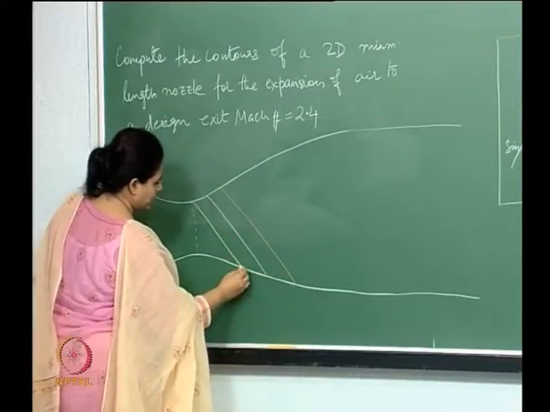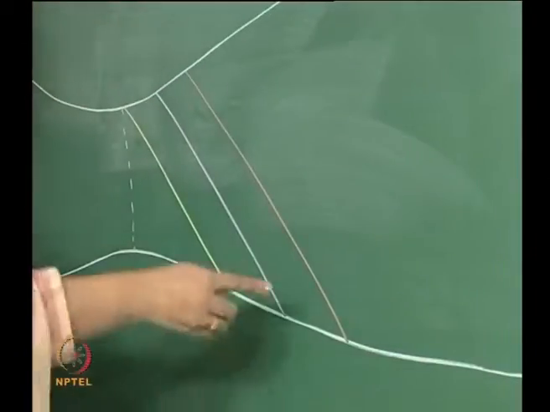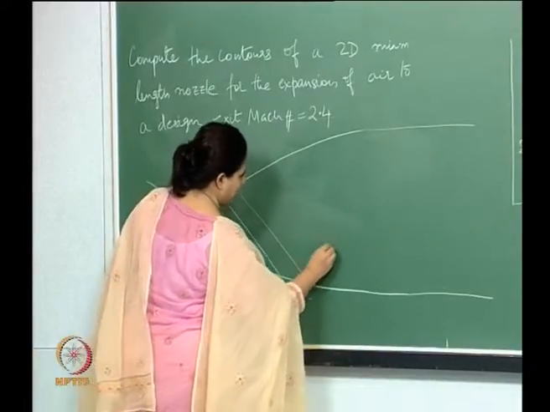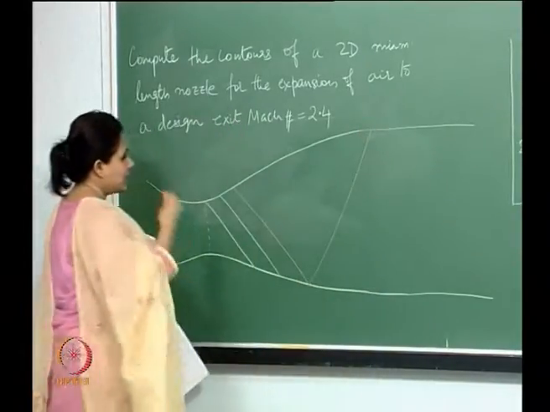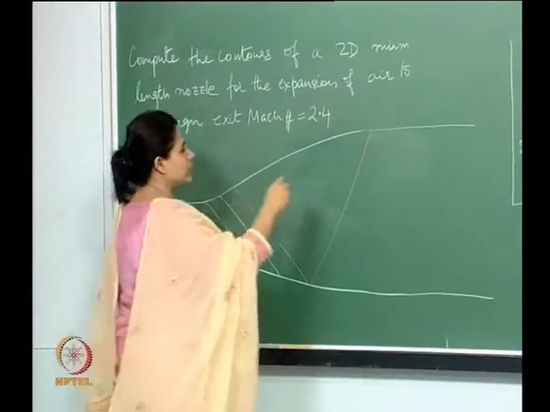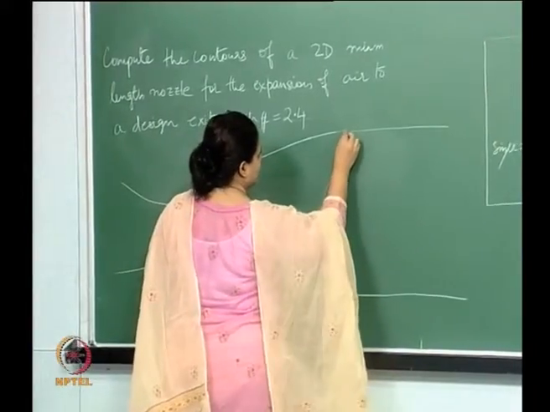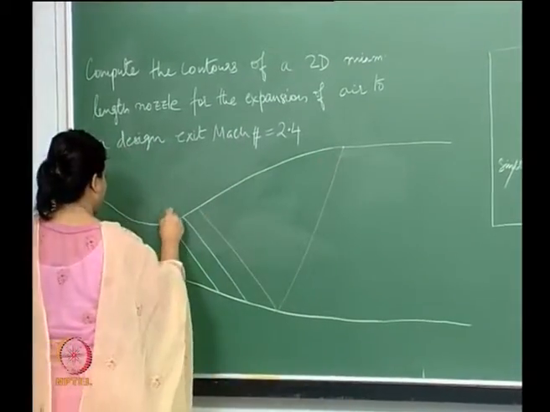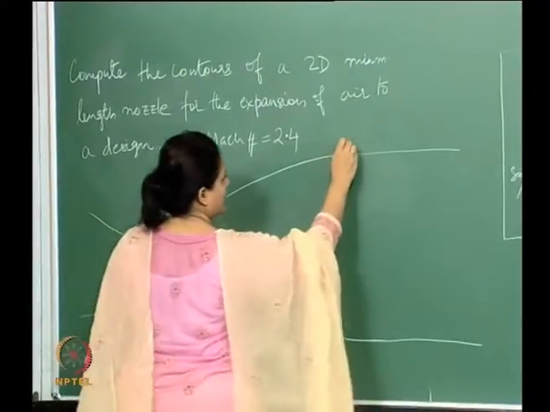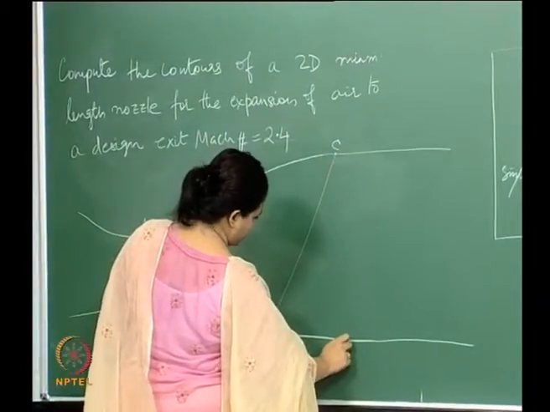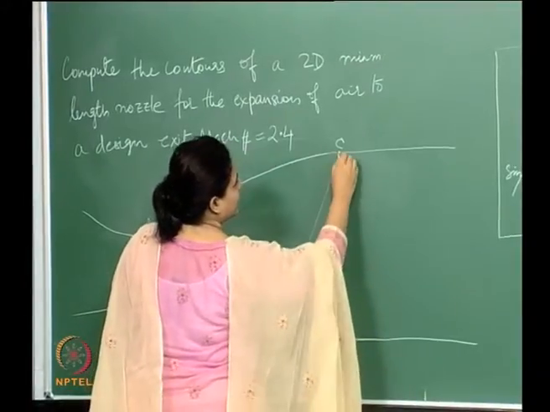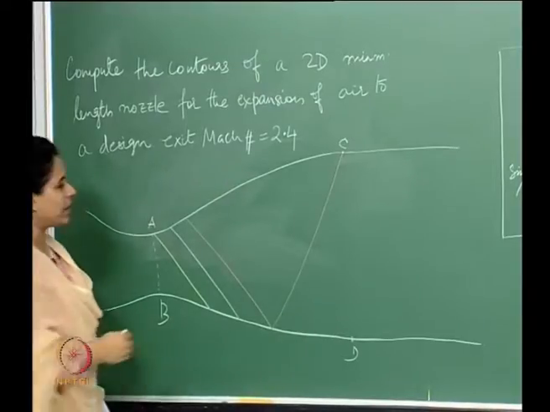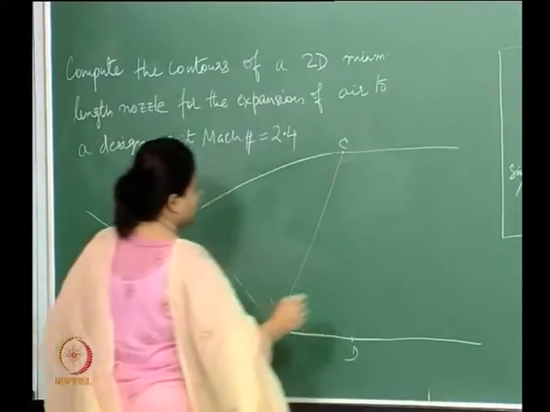What happens is it hits the wall over there, reflects from there, and when it reaches this particular point, it does not reflect anymore, it stays parallel, and we get uniform flow in this region.